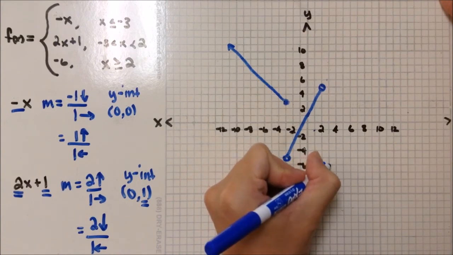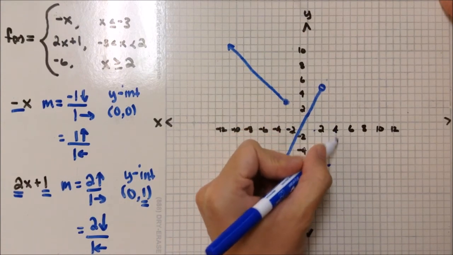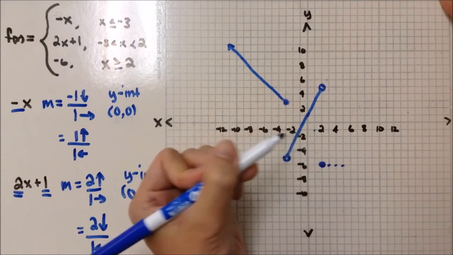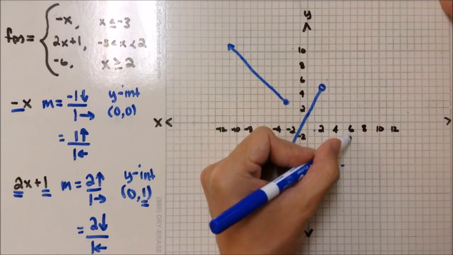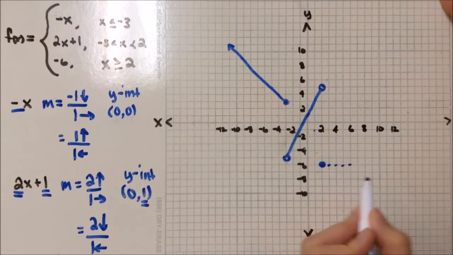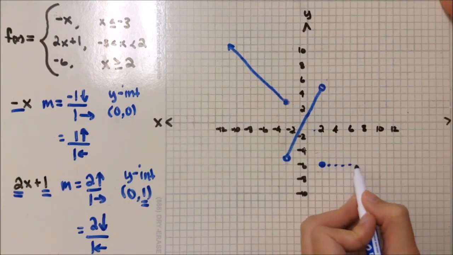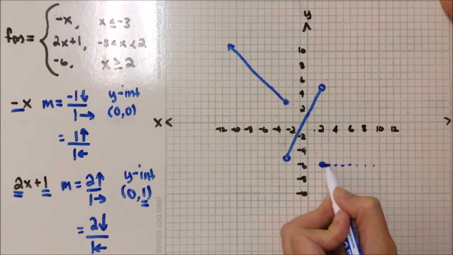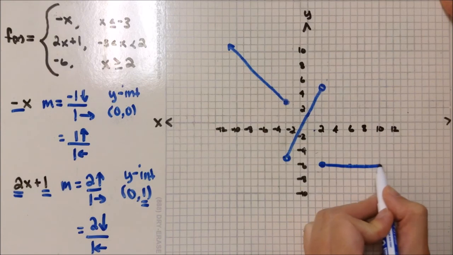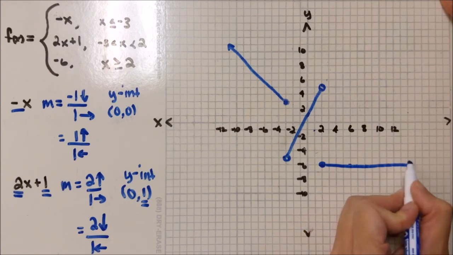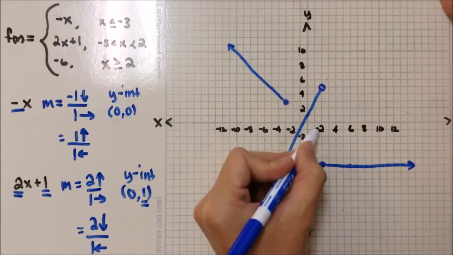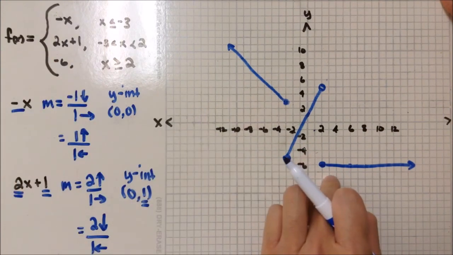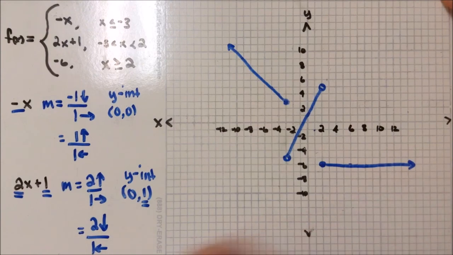At 3, it's negative 6. At x equals 4, it's negative 6 again. At x equals 5, it's negative 6. At x equals 6, it's also negative 6. So you see that it's just going to be a pattern of negative 6. So what we do is we just draw a straight horizontal line and a closed circle at x equals 2. So again, when it's just a number for a function, it will be just a horizontal line, just like that.